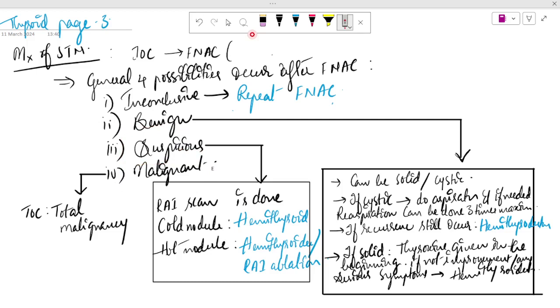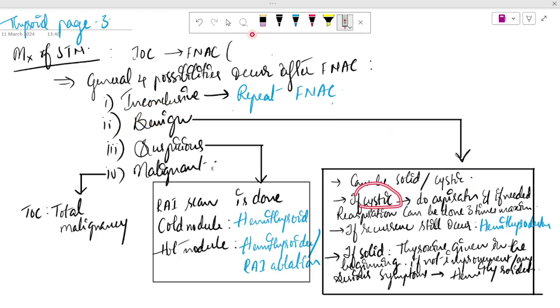For example, if the FNAC report says it is inconclusive, then you simply go for repeat FNAC. You again repeat the FNAC. But if the FNAC report comes back confirming that the patient has a benign condition, that benign condition can be solid or cystic.